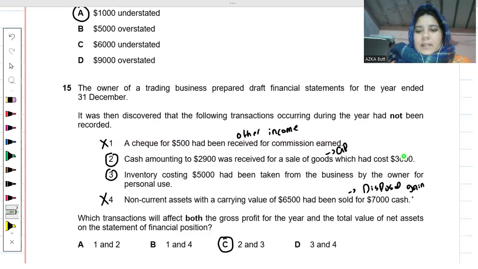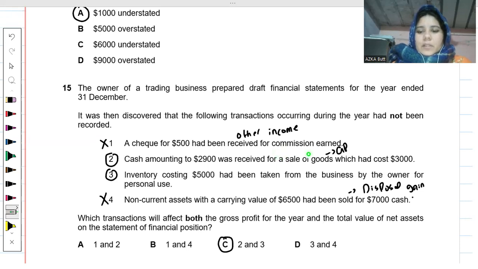So the cost was $3,000, but you have received 2,900. Because this is part of your gross profit, it would affect the gross profit.